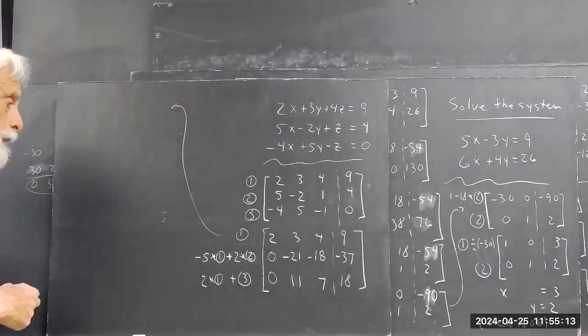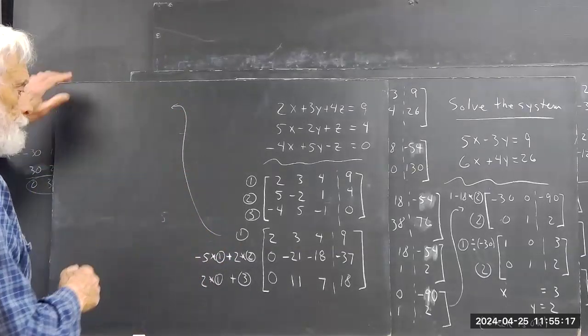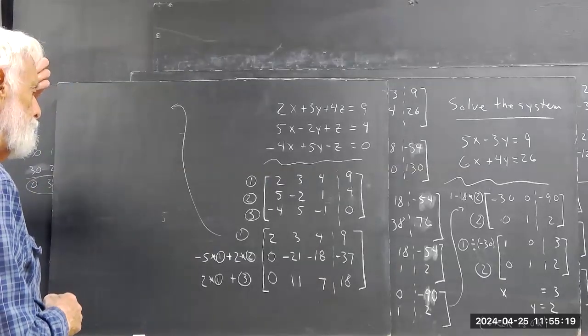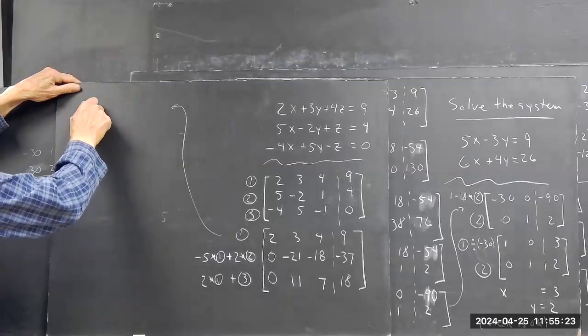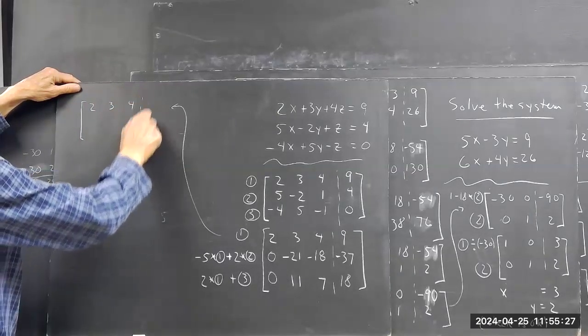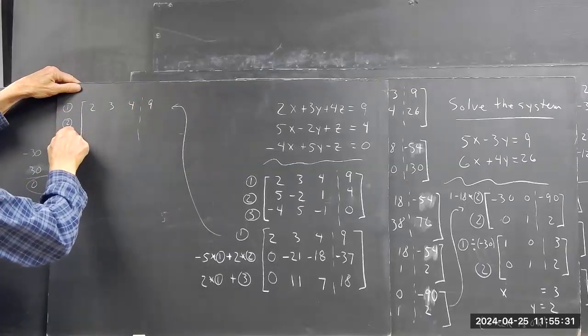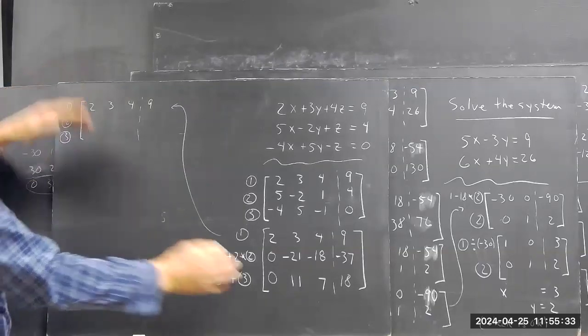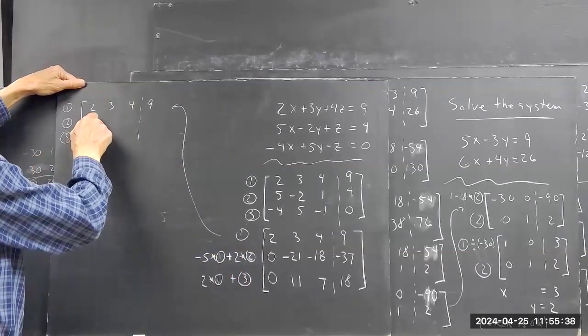Okay. So I'm just going to copy this down. I'm just going to copy down row 1, row 2, row 3, just so we don't have to look from here to here to do our calculations.